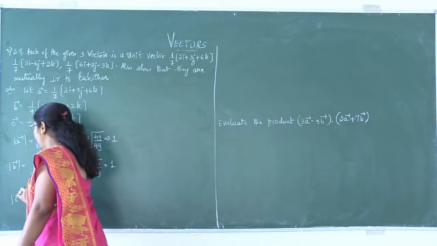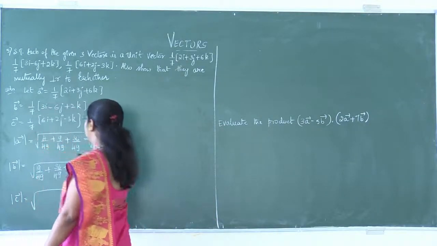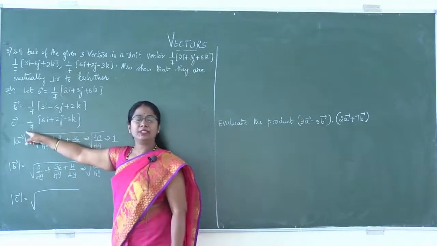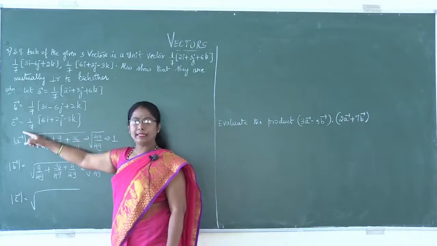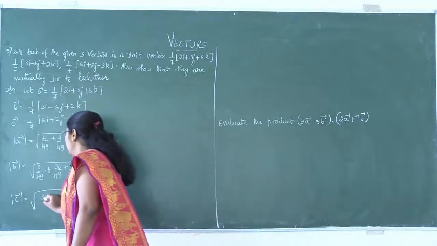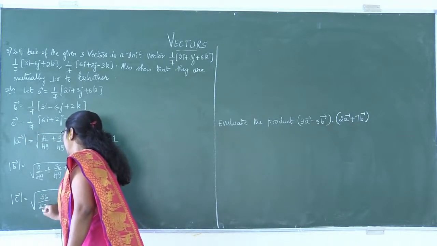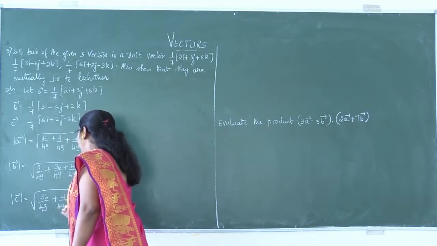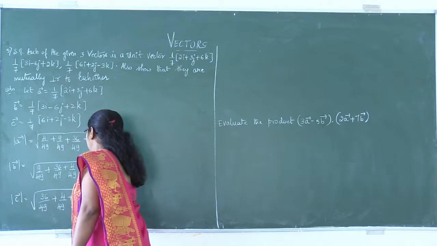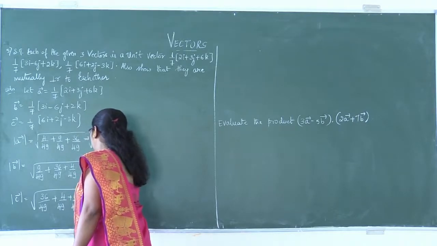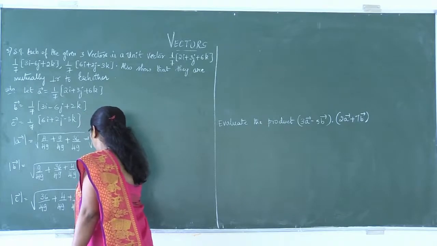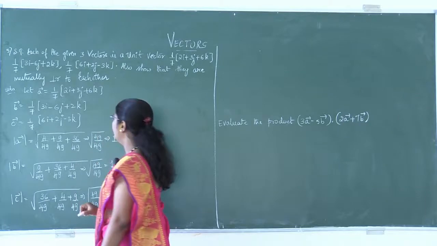What is magnitude of vector C? It is found out in a similar way. 6 square will be 36, 7 square will be 49, and this can be written as 36 by 49 plus 4 by 49 plus 9 by 49. This is nothing but root 49 divided by root 49, which is equal to 1.